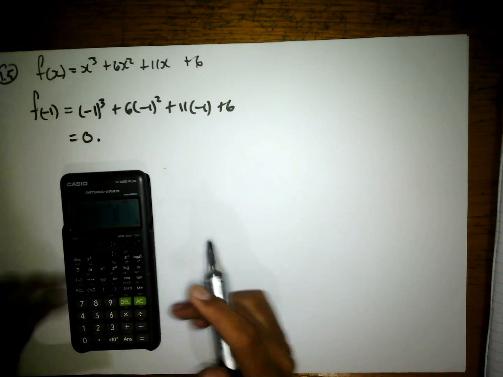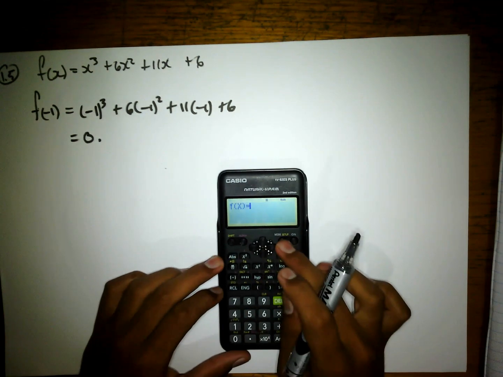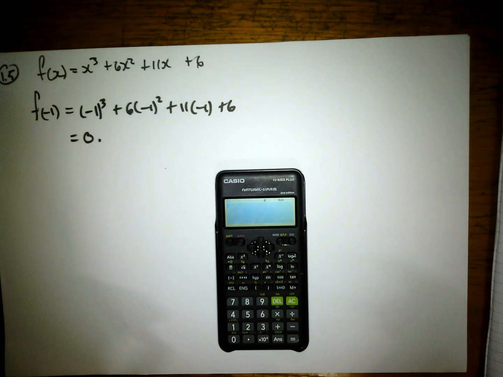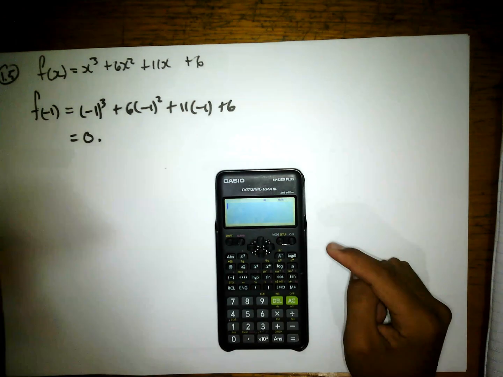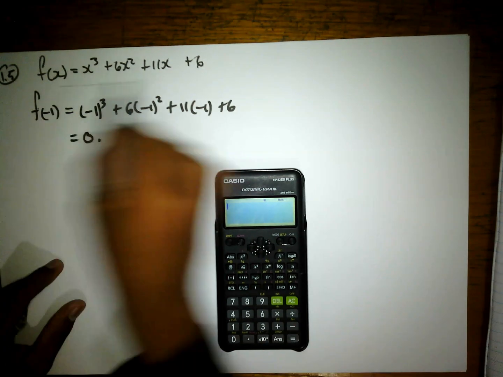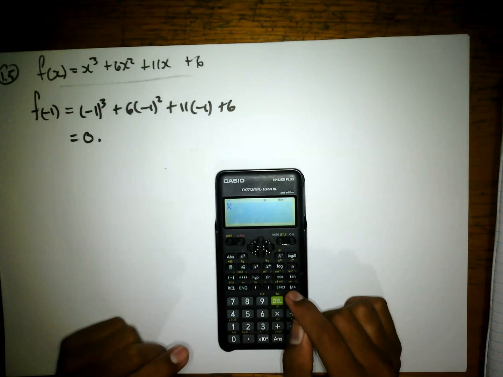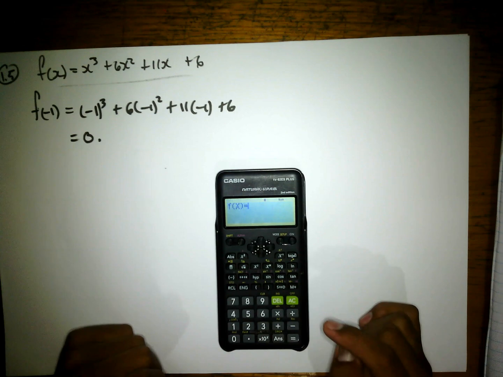I will share a video on this. Let me do it again. You get your calculator, then you type in the given equation here on top. You type it in, you say alpha x, you say mode, table, 3, then you're given this.